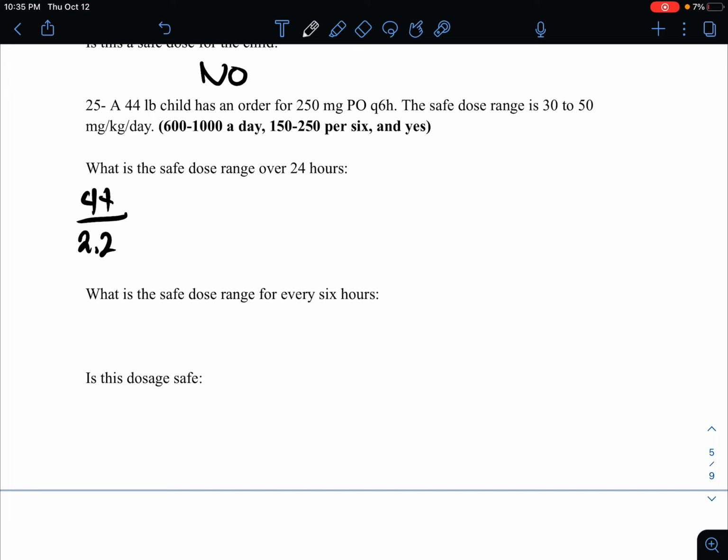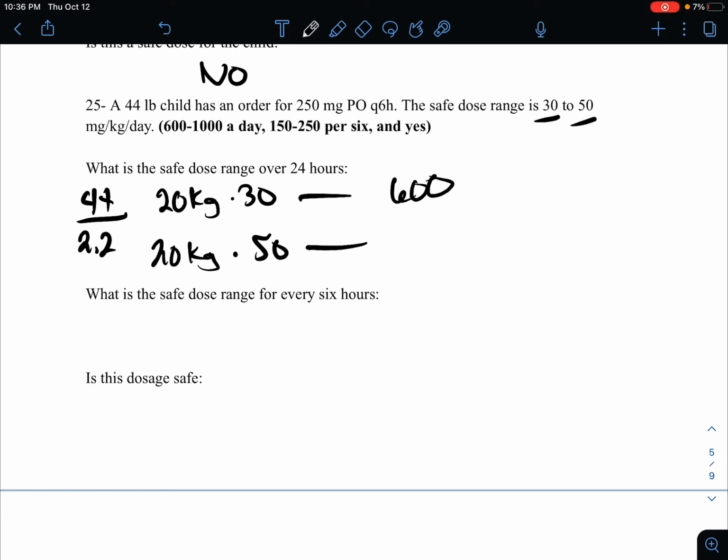So 44 divided by 2.2 is 20 kilograms, right, times their safe dosage, so times 30, we'll do the first one, and 20 kilograms times 50, and do the second one so we can get the range. So 20 times 30 is 600, and 20 times 50 is 1,000. So this is the minimum and the maximum they can handle per day.